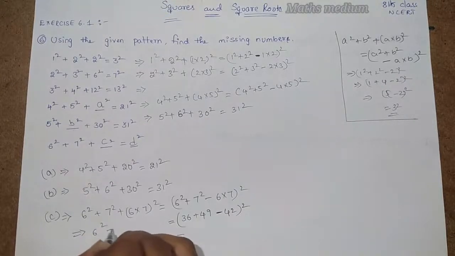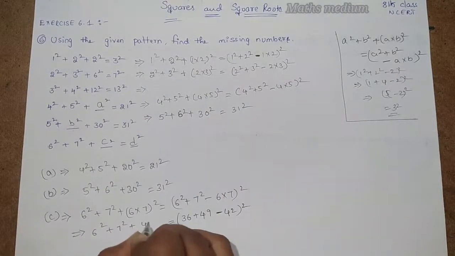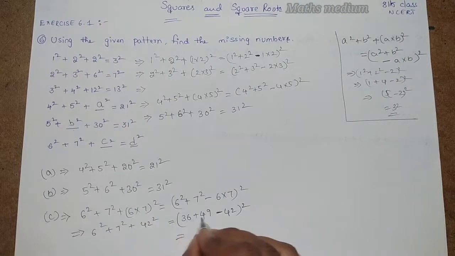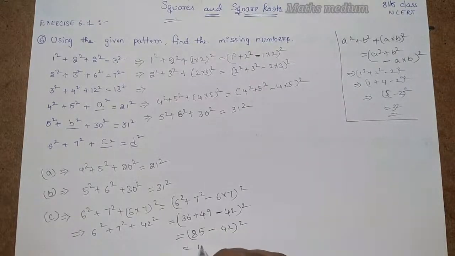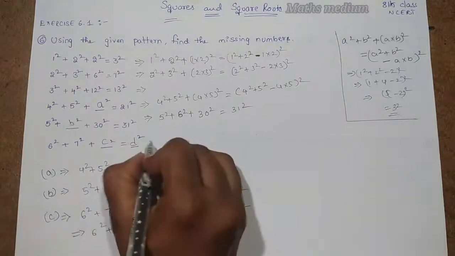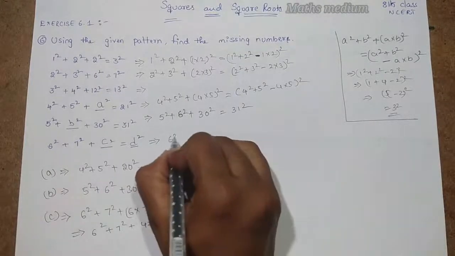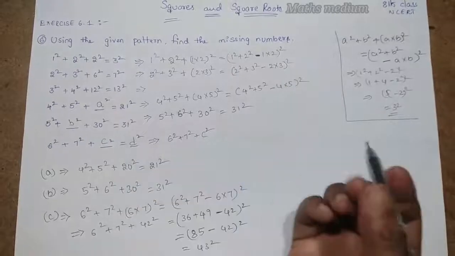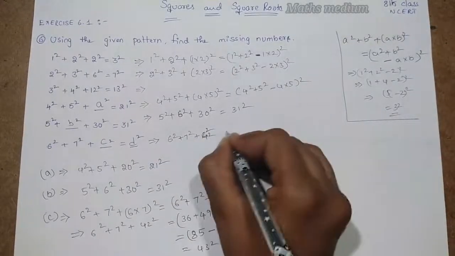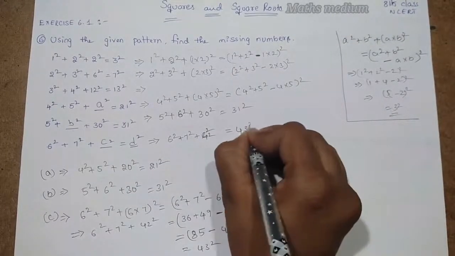This is 6 square plus 7 square plus 42 square. 36 plus 49, it is 85 minus 42 whole square. So it is 43 square. It is 6 square plus 7 square plus 42 square. It means 42 square is equal to 43 square.